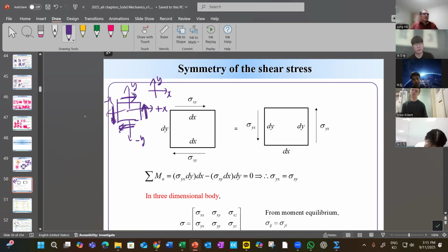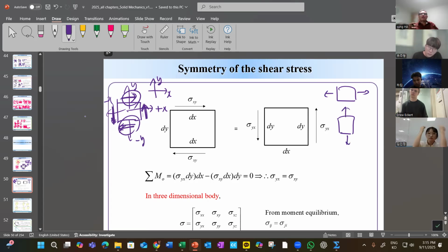Now, if we look at these two components, this is the action reaction, very similar to the action like this and like this. I mean, normal stress, we feel okay, very easy to imagine. But shear stress is a little bit confusing.